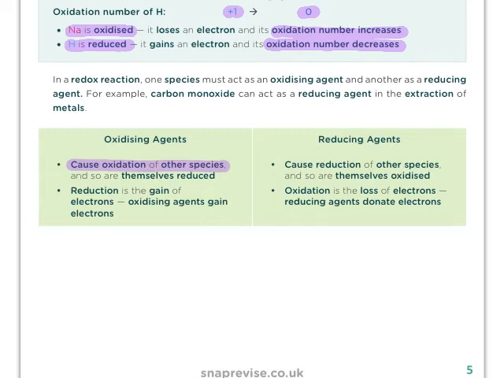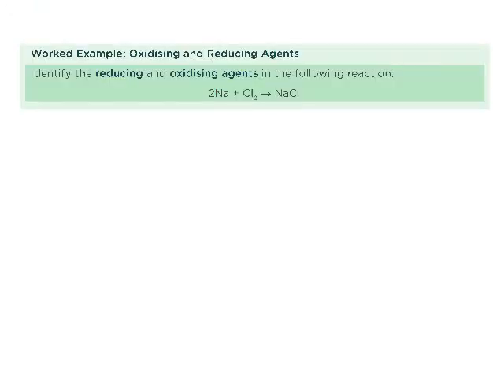And reducing agents cause reduction of other species, so they are the ones that are usually oxidized in a reaction. So let's take a look at this worked example here. So we're looking at sodium reacting with chlorine to make sodium chloride. So let's identify the reducing and oxidizing agents in this reaction.